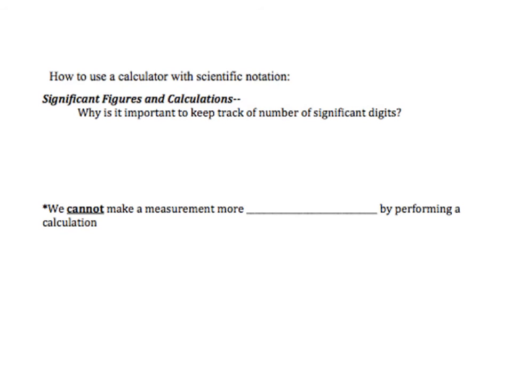Okay, so how to use a calculator with scientific notation. The key thing is you want to use either EE. So if I were punching this number on my calculator, let's say I have 1.4 times 10 to the minus 3. What I do is 1.4, most calculators have EE, and then I say negative 3. Or some calculators don't have the EE, they have the EXP, and instead of EE, I put EXP.